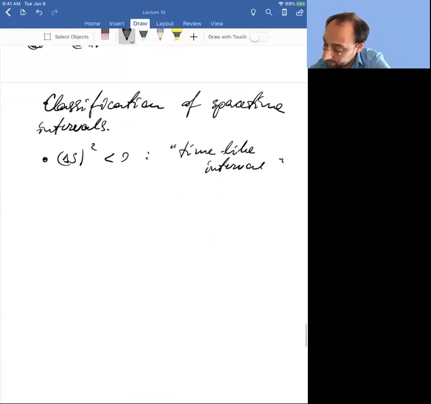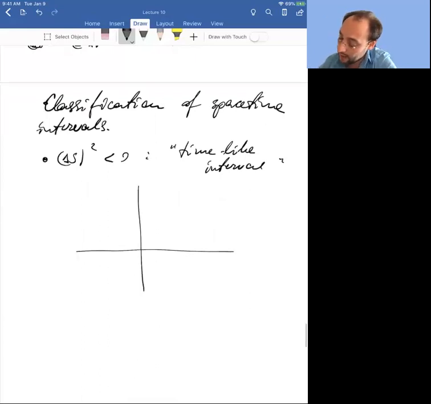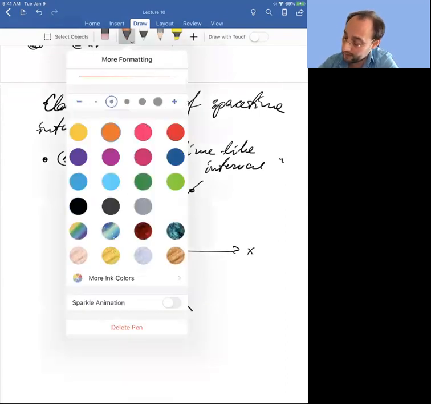Okay, so here's a hyperbola. If you have an event that's sitting here, so this is X and here's CT, there exists a reference frame in which that same event is sitting here.